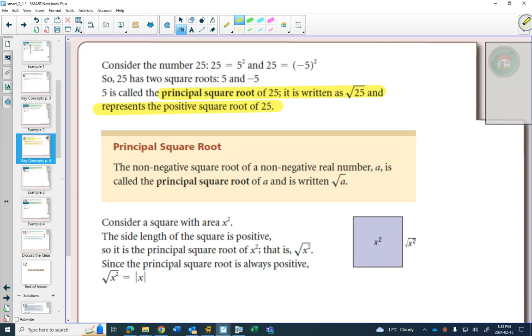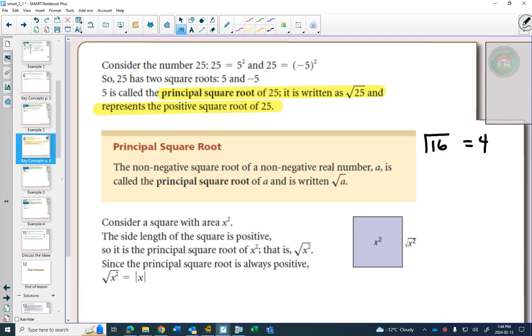To talk a little bit about square roots. We're going to talk about the difference between: if I have the square root of 16, its answer is only 4.